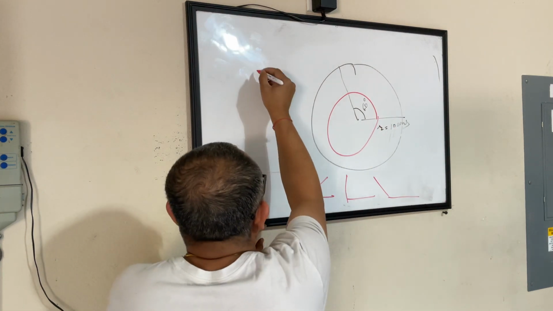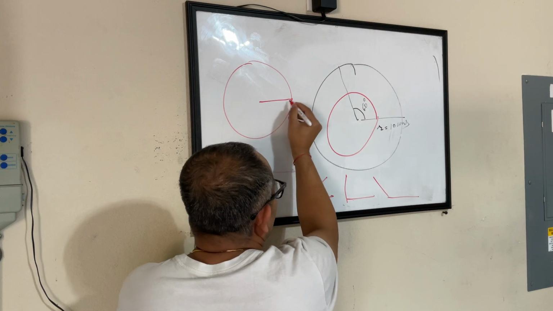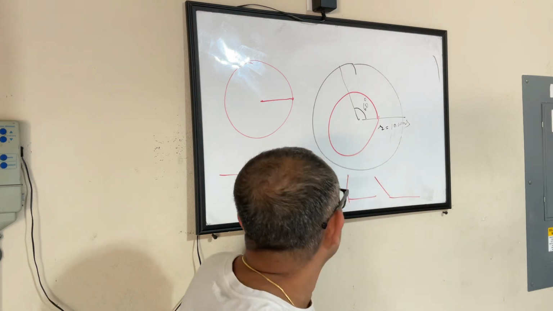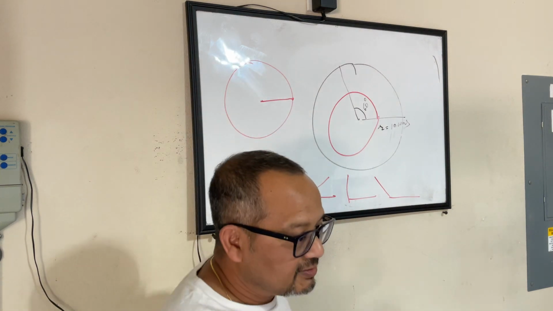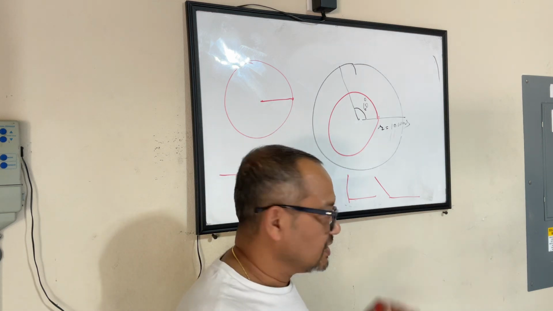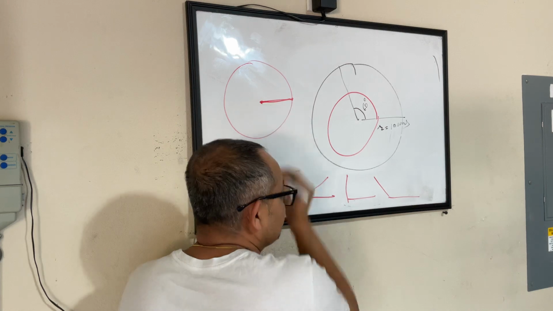Let's say the fan has only one blade. Once the fan is turned on at a high speed, it will rotate and look like a circle, like what you are seeing right now. So the length of the blade is nothing but your radius.